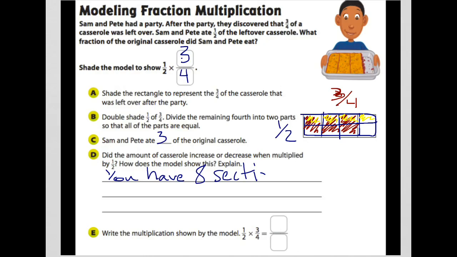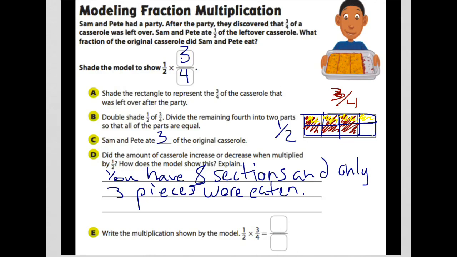You have 8 sections and only 3 pieces were eaten. So when you multiply 3/4 times 1/2, the amount of casserole doesn't decrease, but you cut it into more sections.